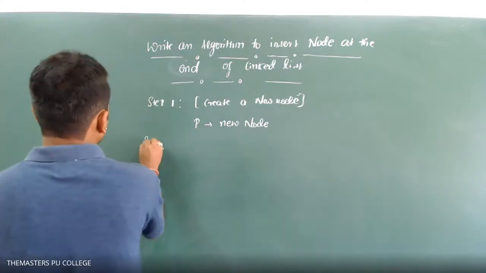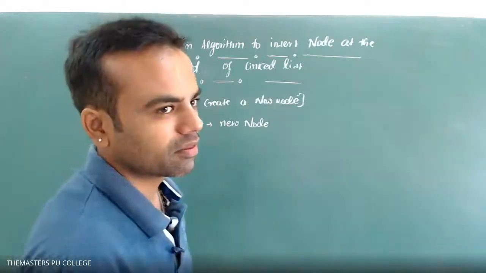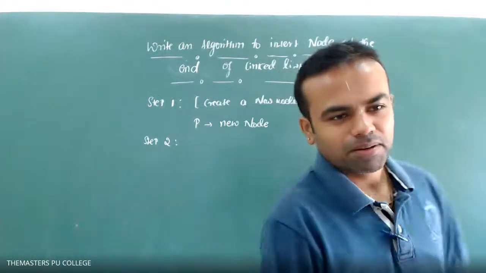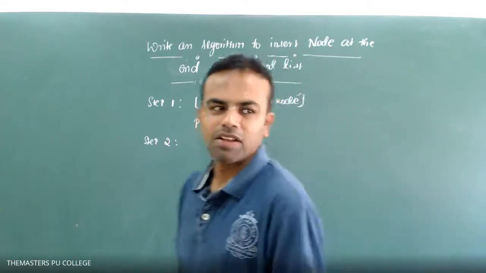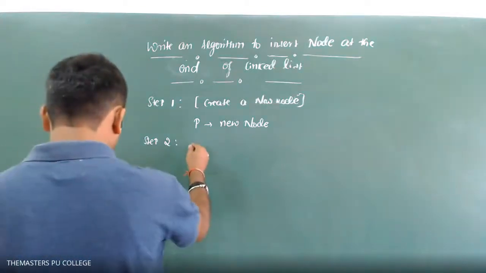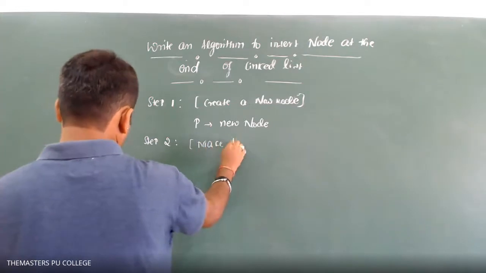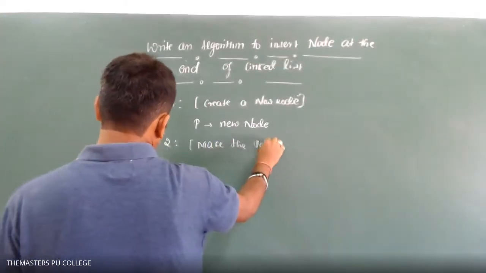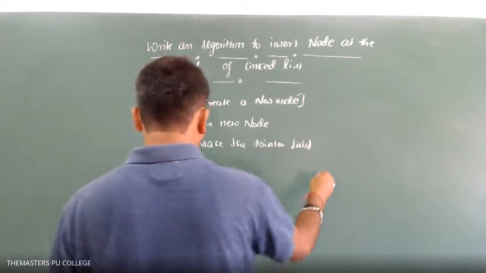Okay, next, step number 2. What is step number 2? Make the pointer field as null. Again, here also the same thing, guys. Make the pointer field null.